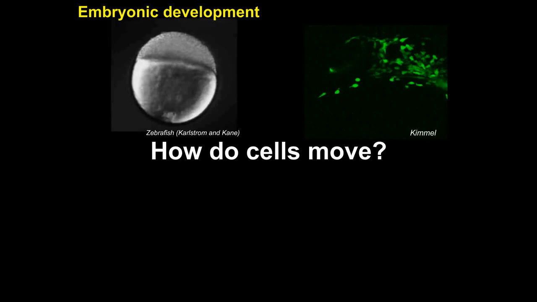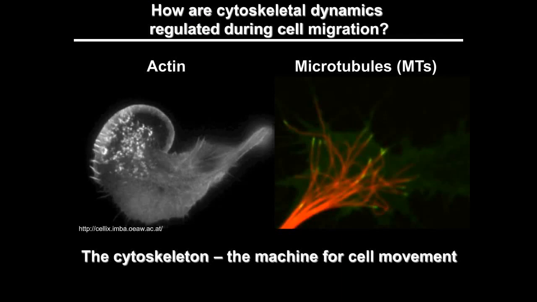In this cell movement process, there is a machine inside cells that drives the movement, and this machine is called the cytoskeleton. There are two critical components of the cytoskeleton that my lab focuses on: actin filaments, which drive cell shape and cell motility, and microtubules, which provide cell polarity and organization. Both of these cytoskeletal systems are critical for cell movement.